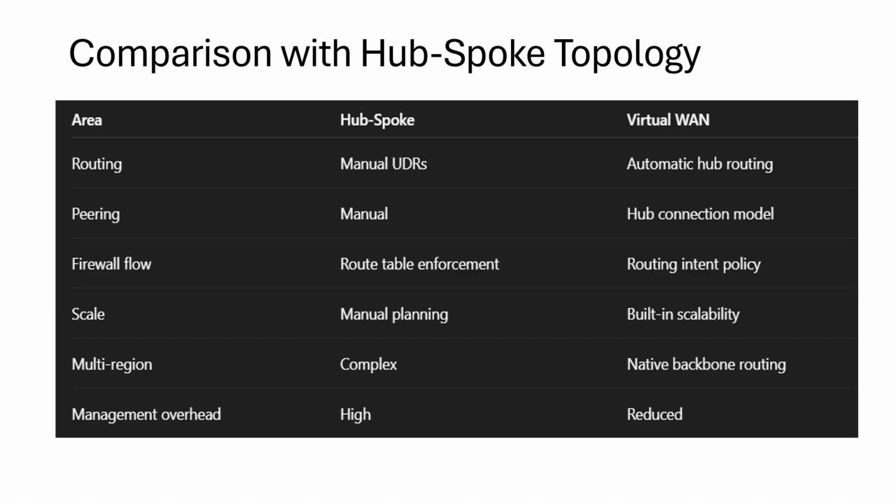Hub and spoke is like building your own road system. Virtual WAN is like Azure providing a managed highway network that you simply connect to. Both models are important. Hub and spoke teaches networking fundamentals. Virtual WAN shows how Azure abstracts complexity for enterprise scale. Now let's dive directly into the demo.